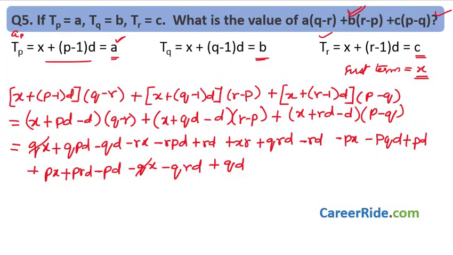My qpd gets cancelled out here, minus qd plus qd, minus rx is going to cancel out with rx here, minus rpd is going to get cancelled out here, rd is cancelling out here, qrd is cancelling out here, minus px plus px, pd plus pd and minus pd. So you see all the terms have cancelled out and ultimately the answer is 0.